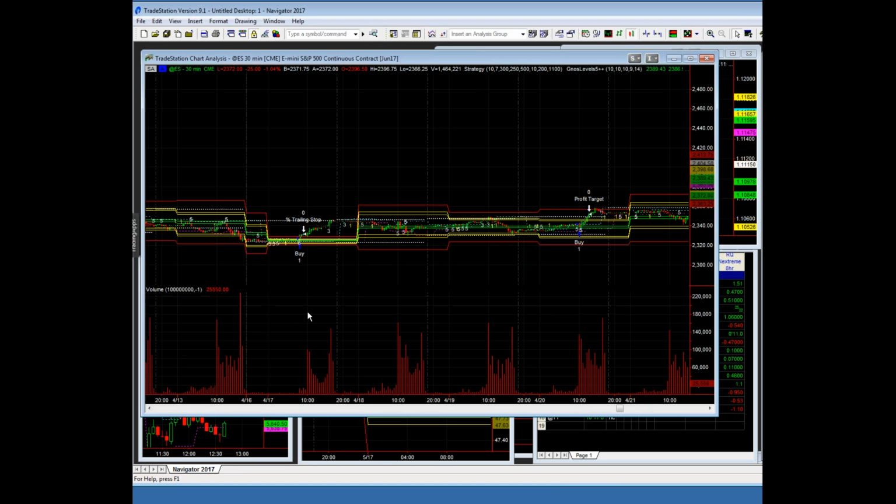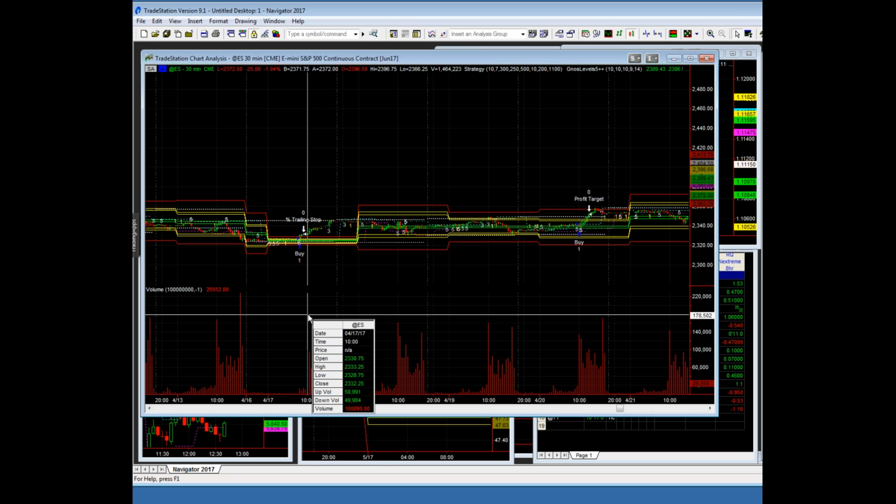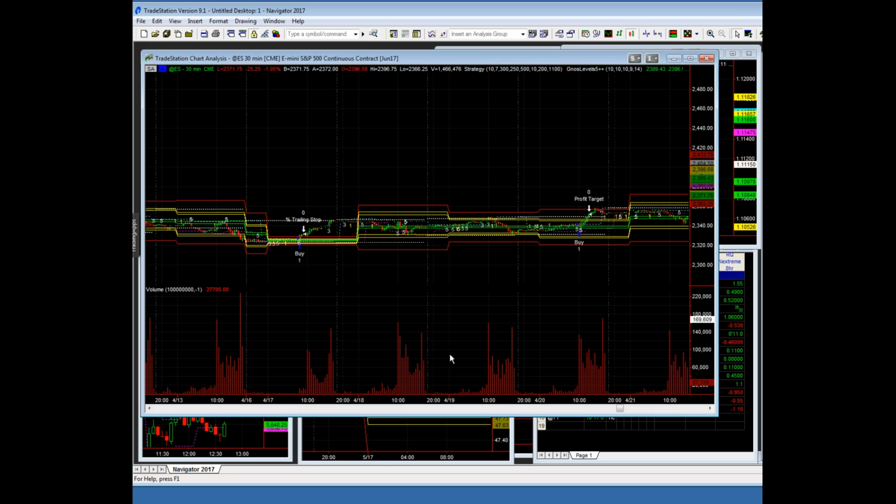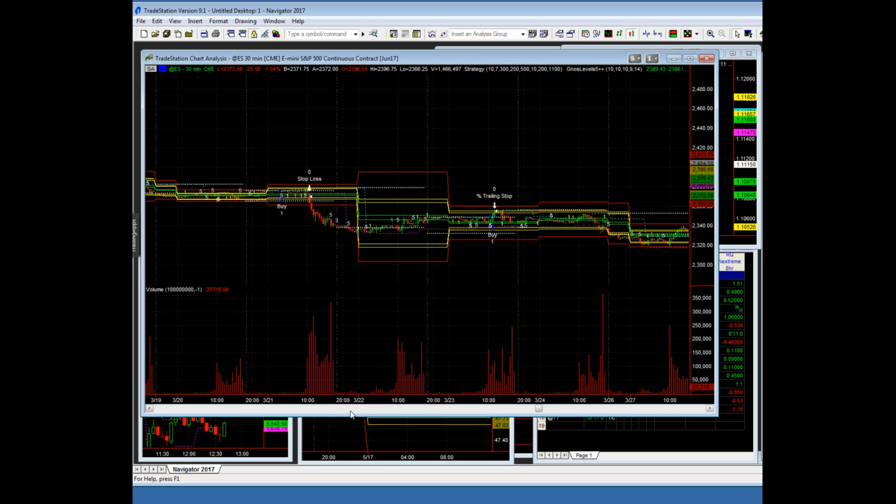Okay, here's a better example of it. There's volume. By 11 o'clock, 12 o'clock, it's dead. Then it starts to pick up about 2 o'clock into the close. Okay, this is pretty consistent throughout. Now this is just the S&P.